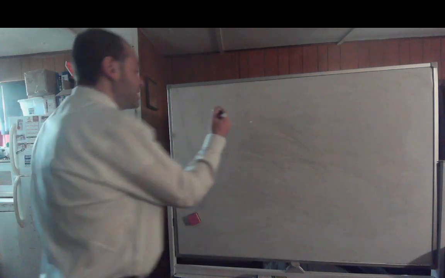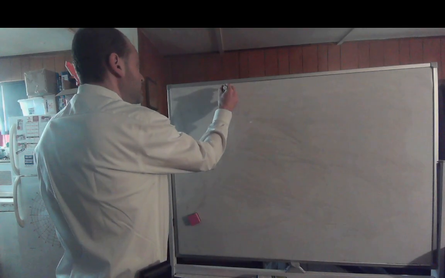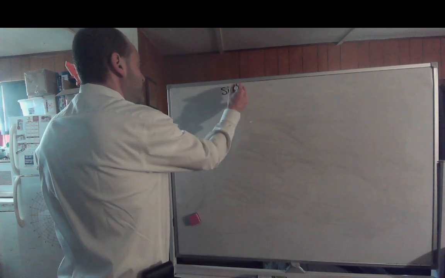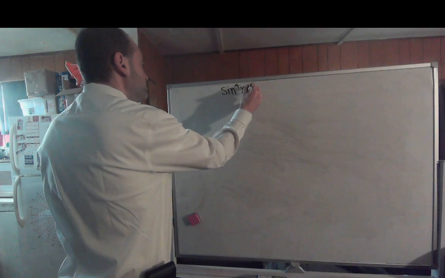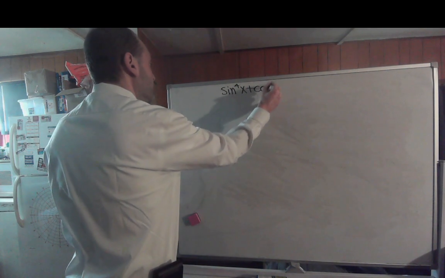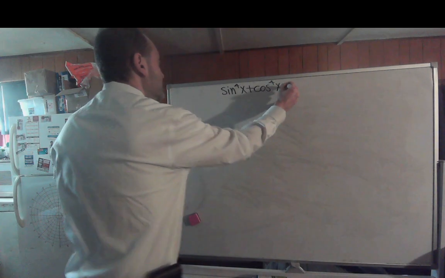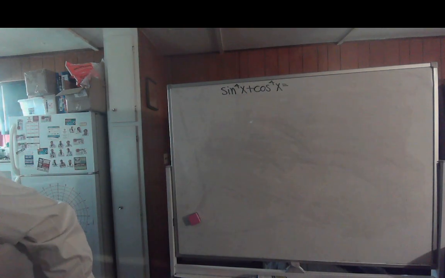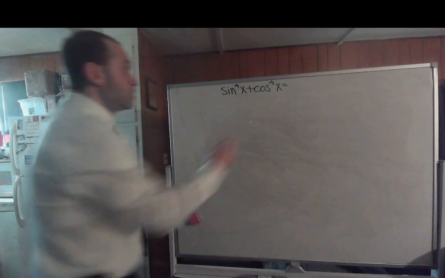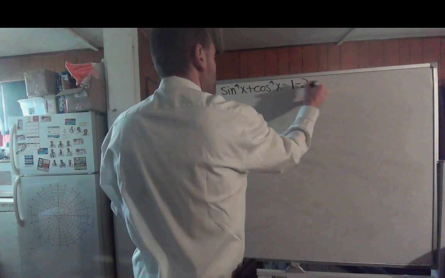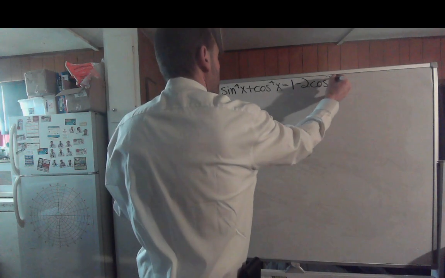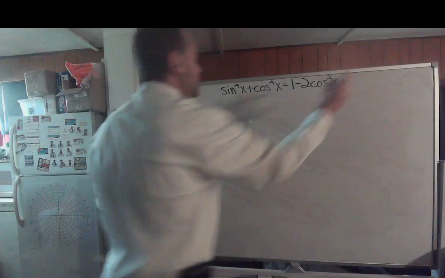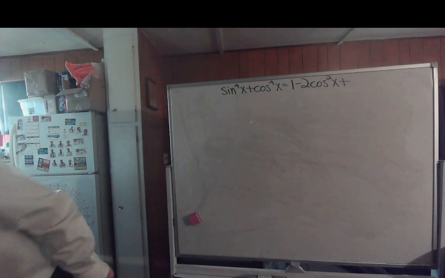Alright, so we're being asked to verify that the sine to the fourth of x plus the cosine to the fourth of x is equal to 1 minus 2 cosine squared of x plus 2 cosine to the fourth of x.